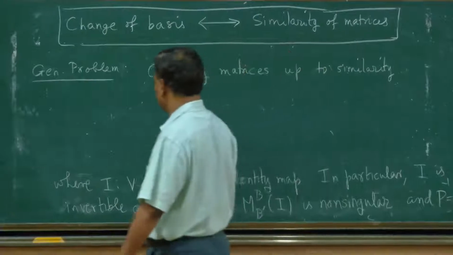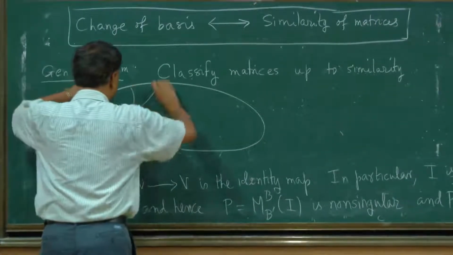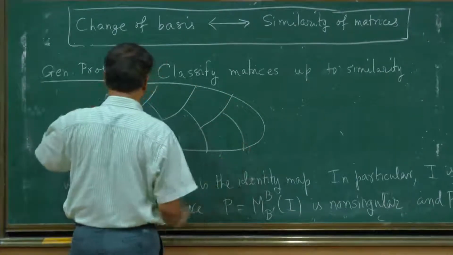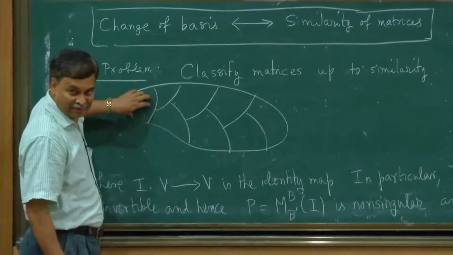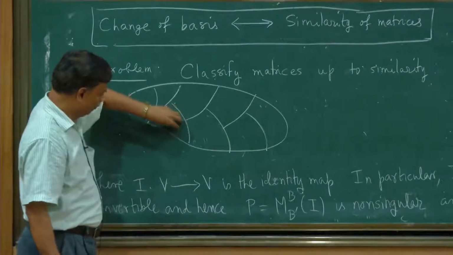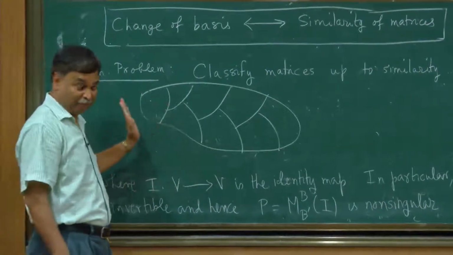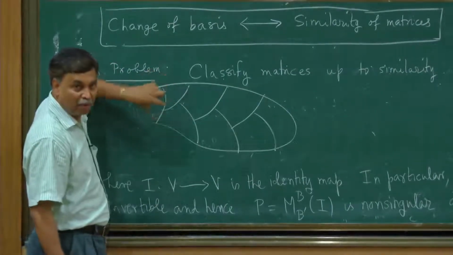What that means is that suppose this is the collection of matrices, and I divide it into some disjoint parts, so that matrices within each component are similar. There may be finitely many, there may be infinitely many, but no two matrices in different blocks are similar to each other.